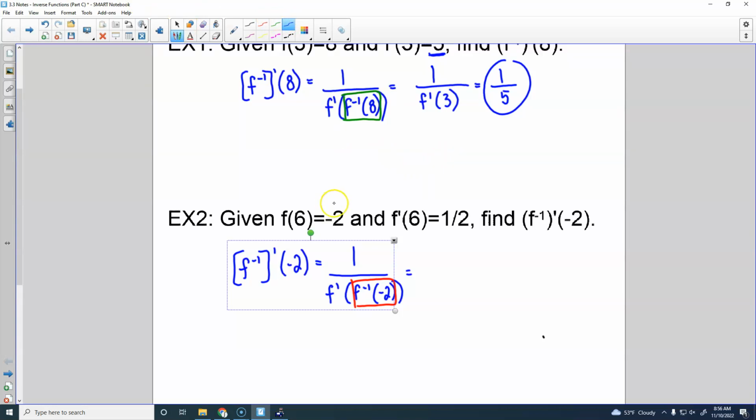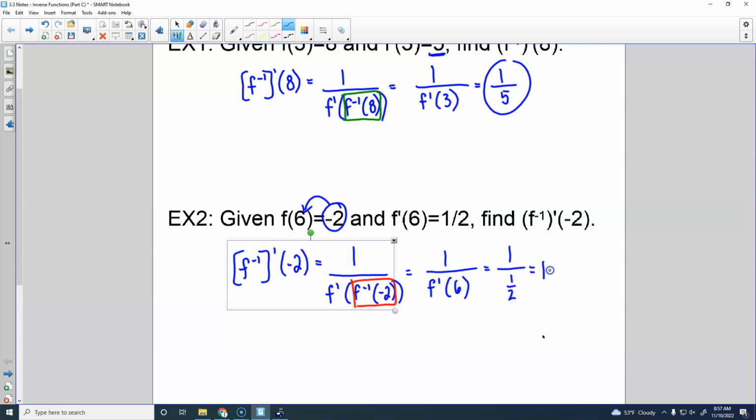Obviously, that's got to happen here because that's the only -2 that you see. But even if there were other distractors, we're looking at the f, right? So we need the x that goes with it, which is 6. So we got 1 over f prime of 6. And they tell us that f prime of 6 is 1/2.